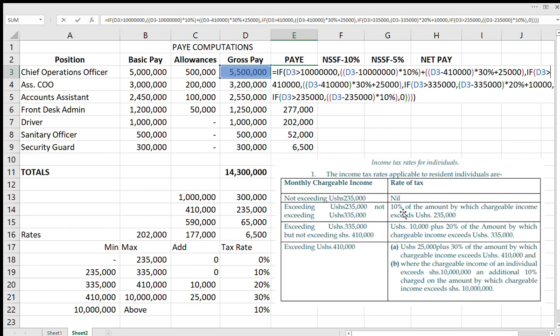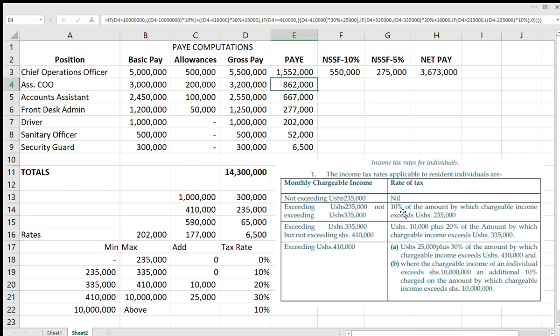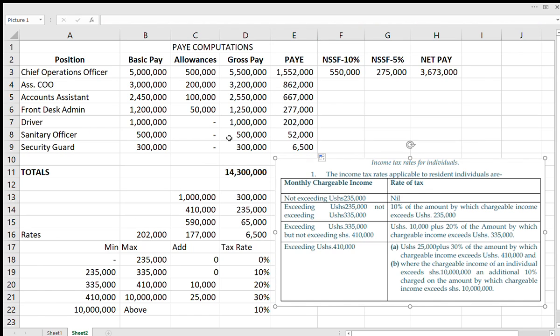Then otherwise, zero elsewhere, because the other amount which is below the threshold of 235 will be 0. You enter and then pull the formula downwards, so it will have taken care of all the conditions.